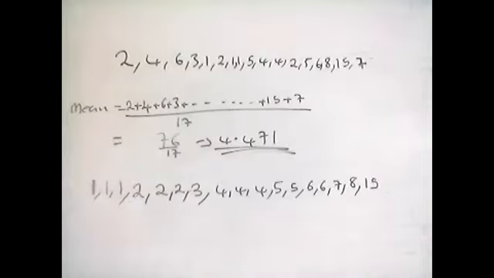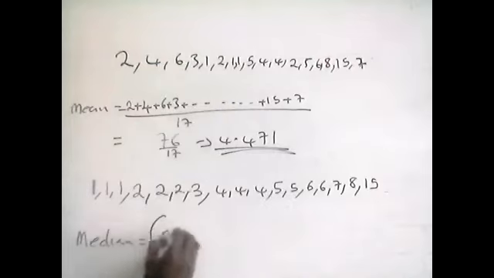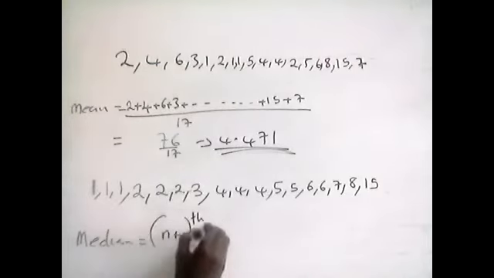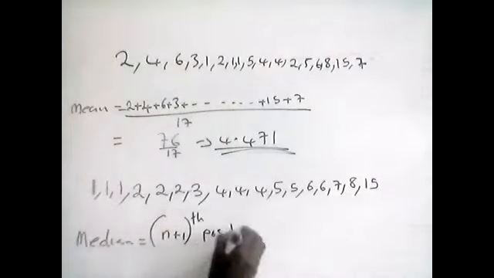So after we've arranged our data in ascending order, that's when we can find our median. The median is the number on the (n plus 1) over 2 position. You can say position or observation, it is one and the same.